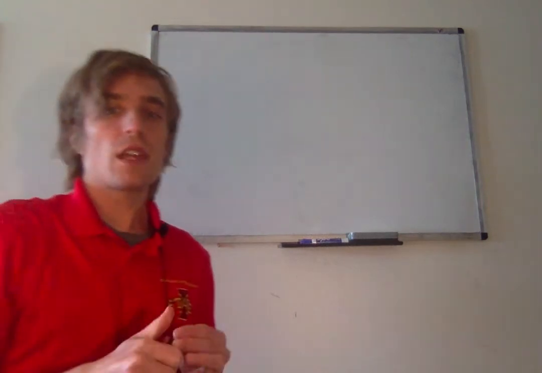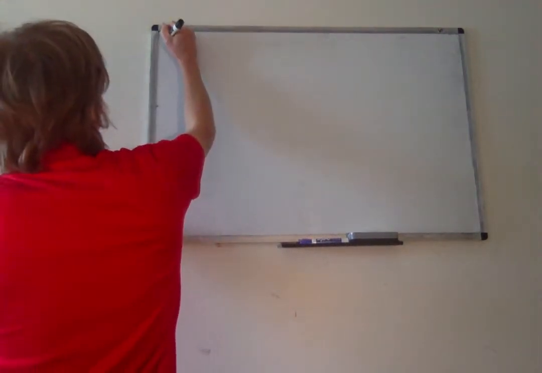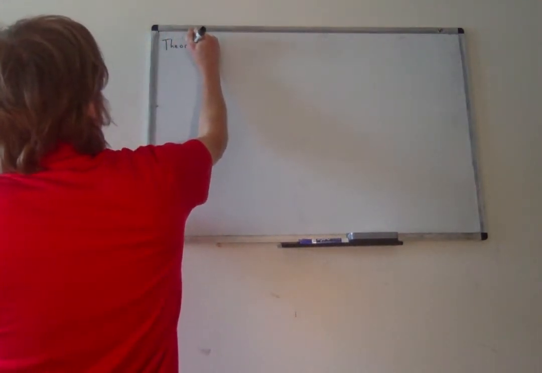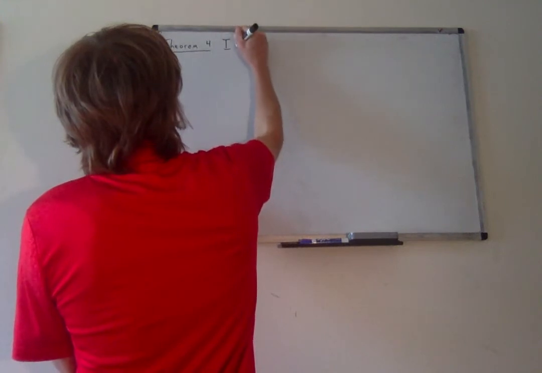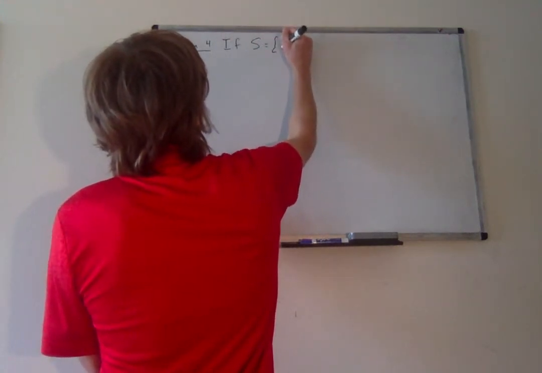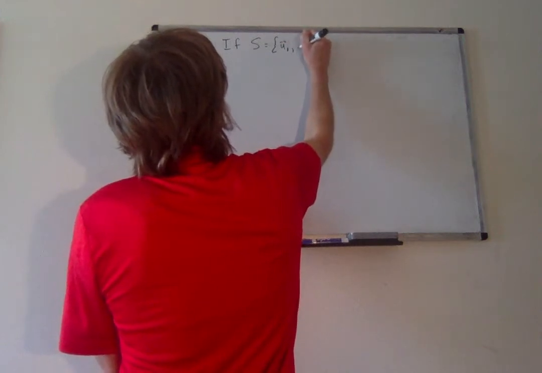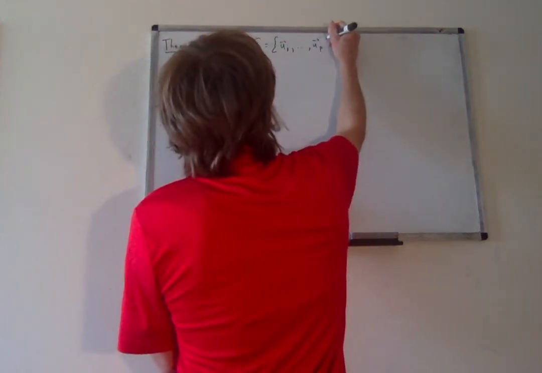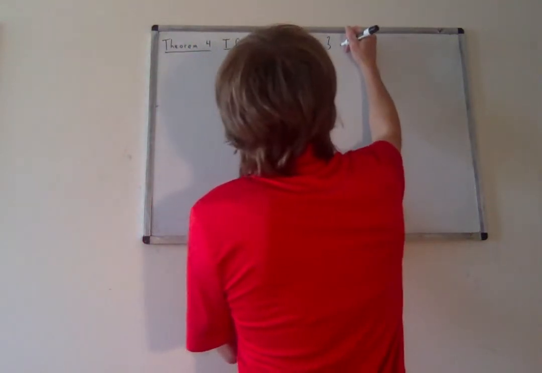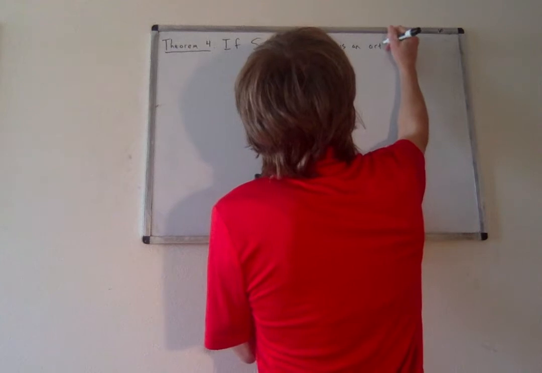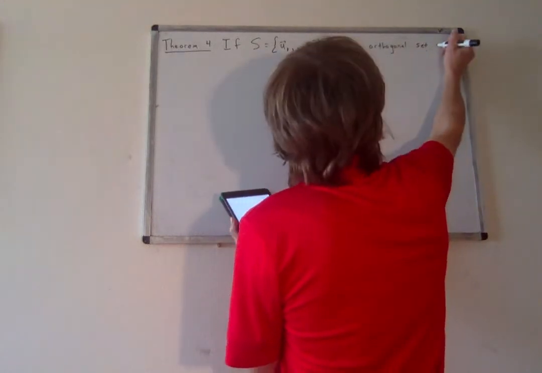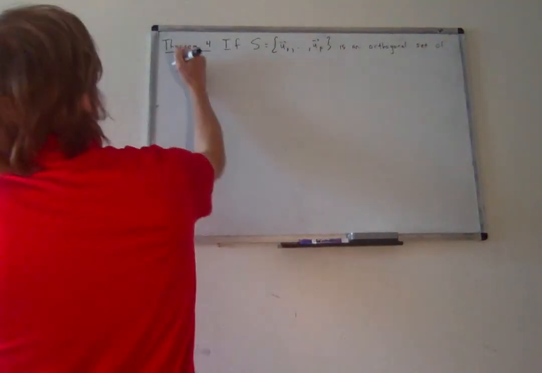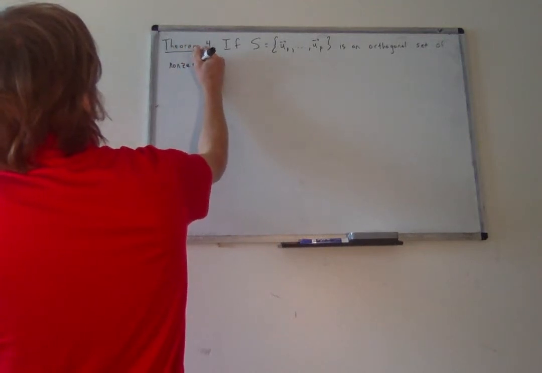And remember, once we cross that threshold of being linearly independent, we learn a lot about our set of vectors. So this is theorem 4. If S is a set of p vectors and is orthogonal, and we'll say of non-zero vectors in Rn.